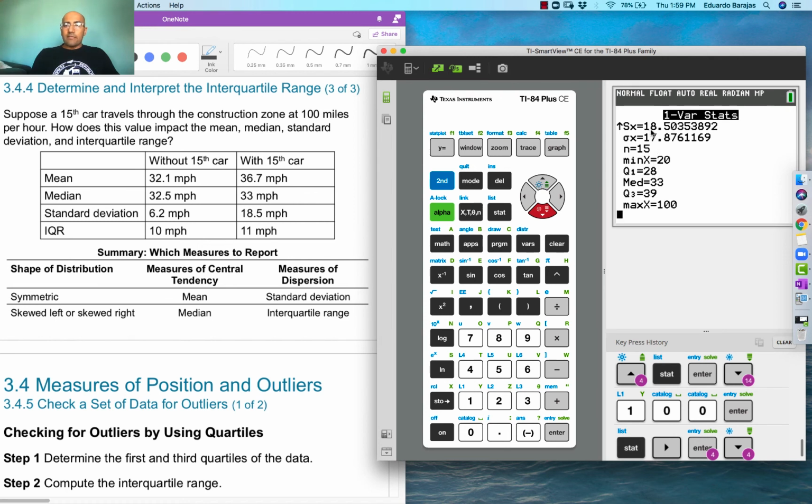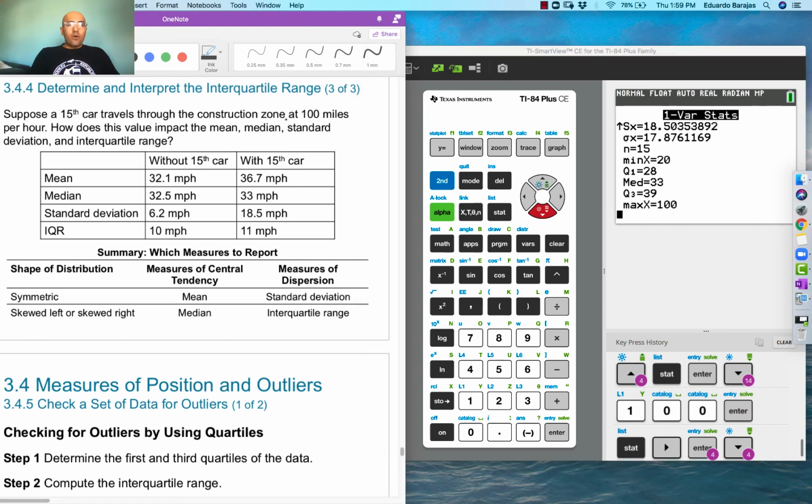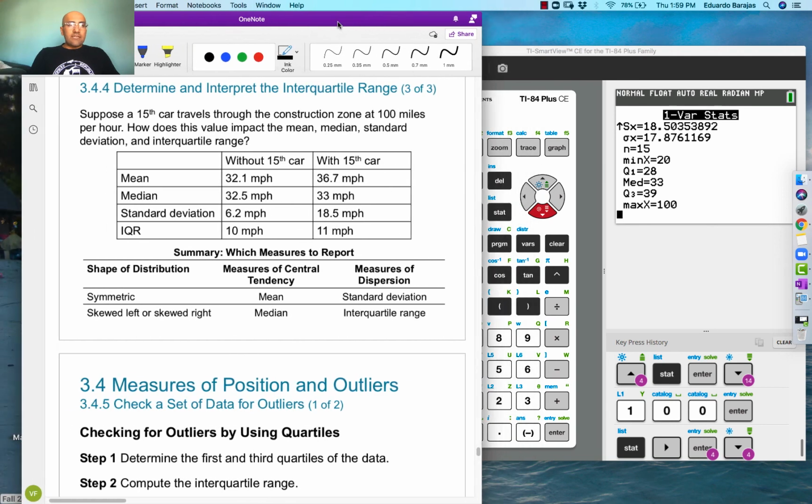And the IQR is the difference between Q3 and Q1. Q1 is 28 and Q3 is 39, so 39 minus 28, the IQR is 11. So we can confirm that we can easily get these results with our calculator if we just add one more extra value.